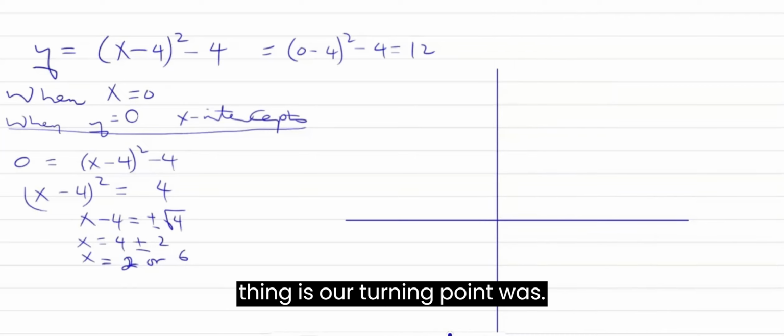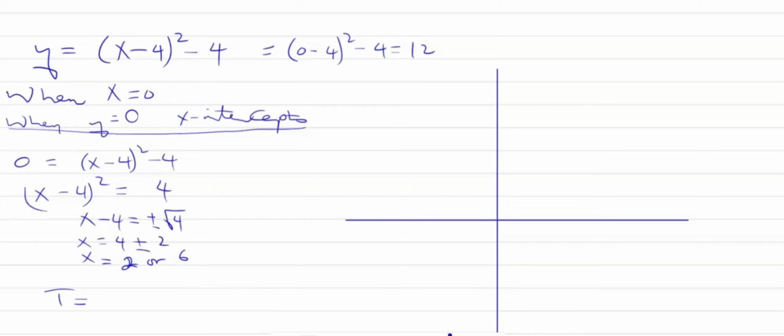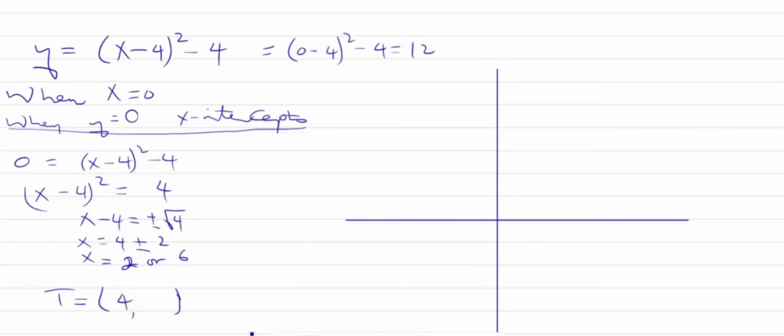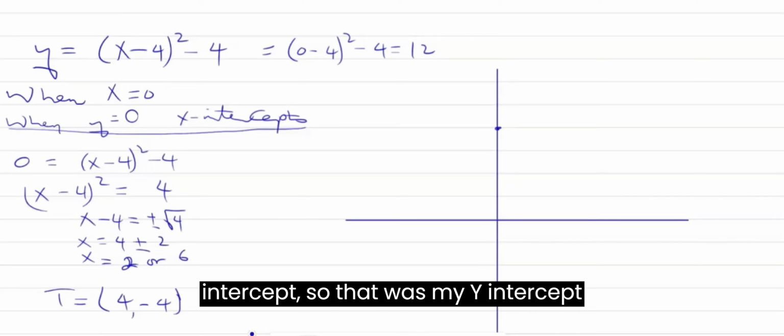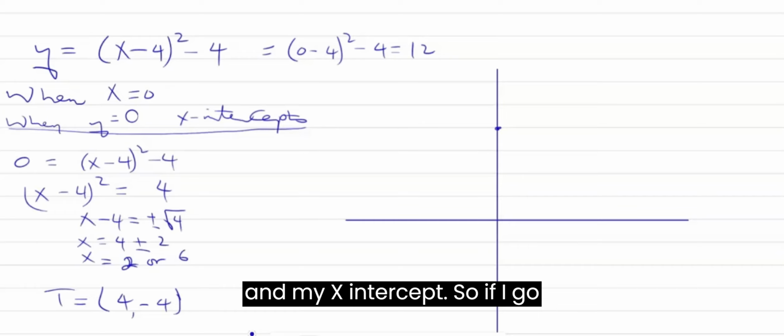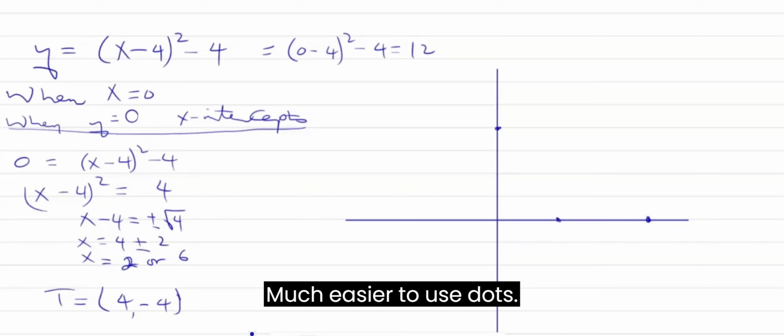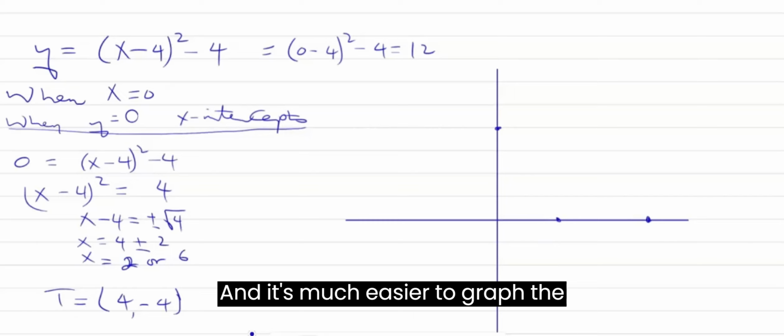The next thing is our turning point, which was 4 and -4. So we label the turning point, the y-intercept and the x-intercepts. It's much easier to use dots, and much easier to graph the function.